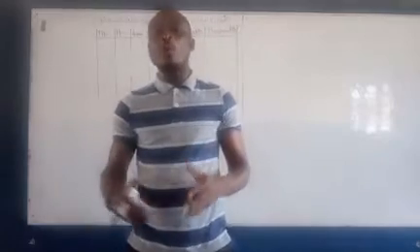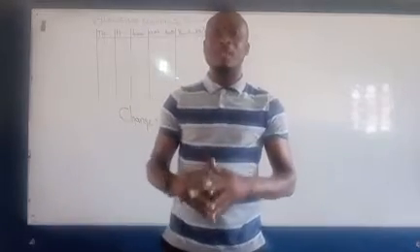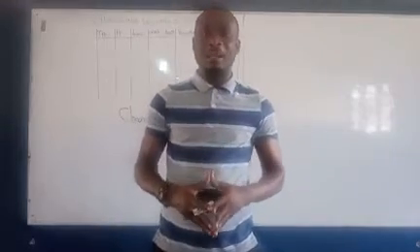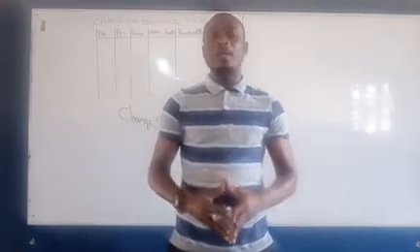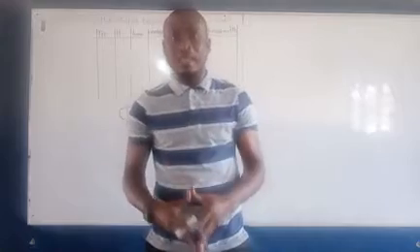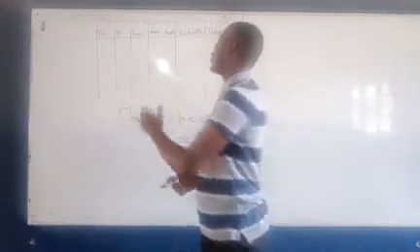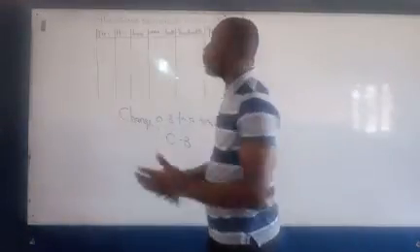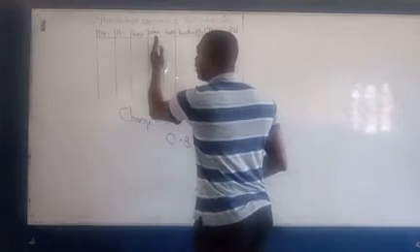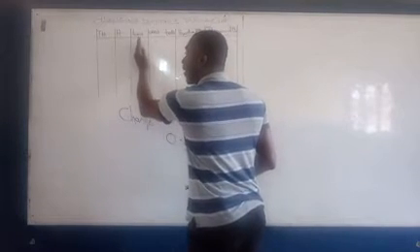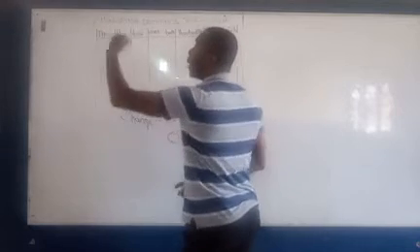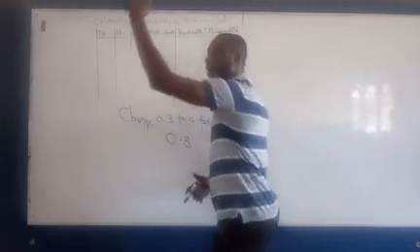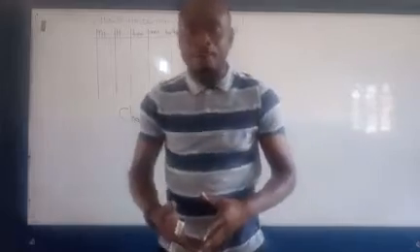We put our whole numbers on our left hand side, and that is going to start with the normal place value. We start with ones, we go to tens, we come to hundreds, then thousands, then tens of thousands, hundreds of thousands, and so on.